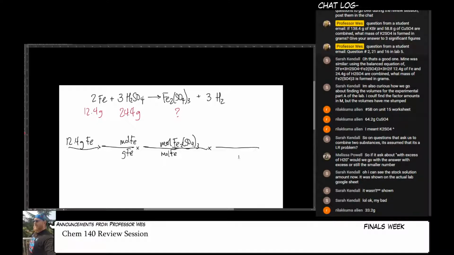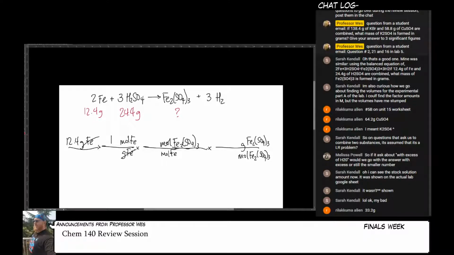And then we'll turn that from moles into grams. All right, iron's easy. I don't even have to look that up on Lenntech. I have a periodic table right here. So 55.845.